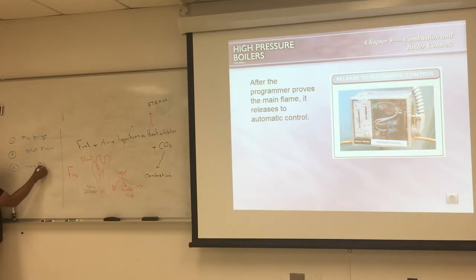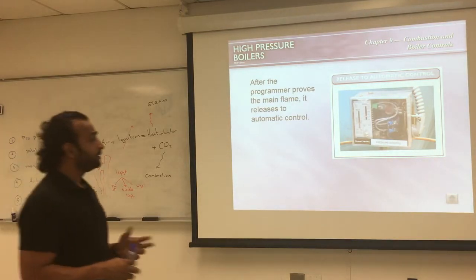Four, automatic control, which is normal operation. And five is post-purge. These are the five elements that you will see in a control module.